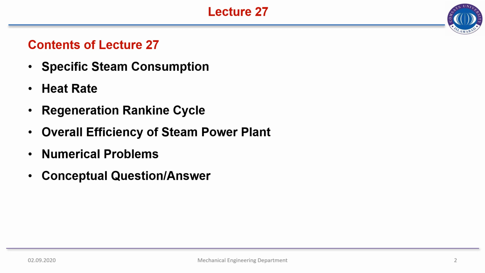We will look into the detail: what is the mathematical relation to calculate the specific steam consumption, what are the advantages and disadvantages, what is the relation of specific steam consumption to the efficiency of Rankine cycle, and what is its physical meaning, or what does it relate to physically, the size of the power plant as well. Then we will discuss the heat rate or the heat supplied in the boiler.